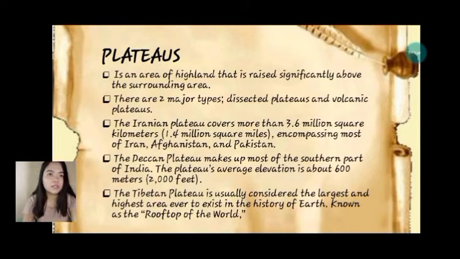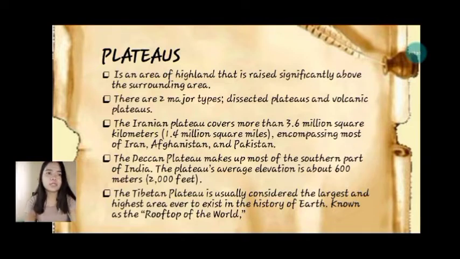So let's proceed to the plateaus. It says that Asia is the home of many plateaus, areas of relatively level high ground. It is an area of highlands that is raised significantly above the surrounding area. There are two major types of plateau: the dissected plateaus and the volcanic plateaus. The first plateau that we have is the Iranian.